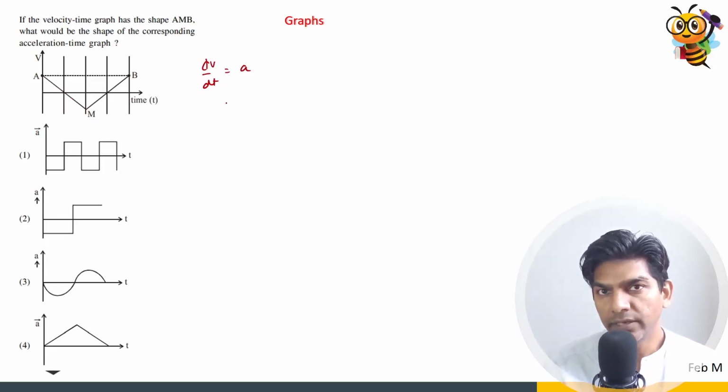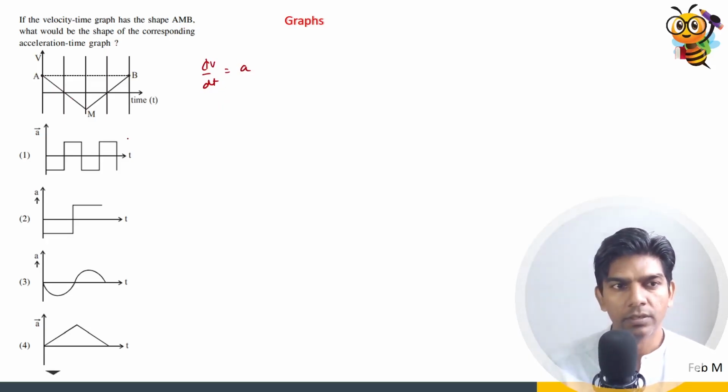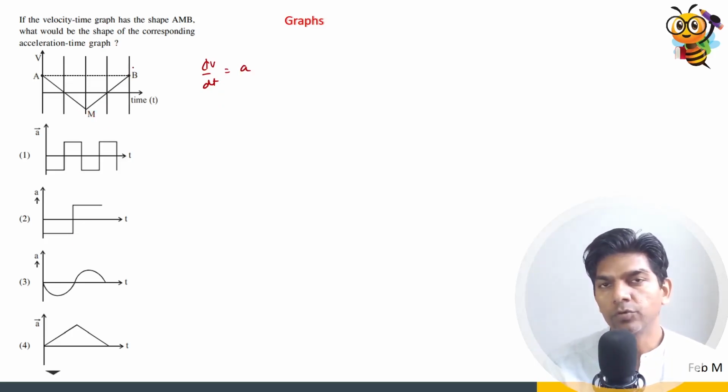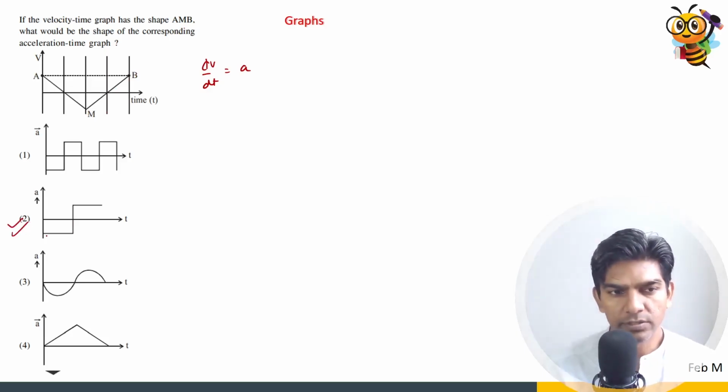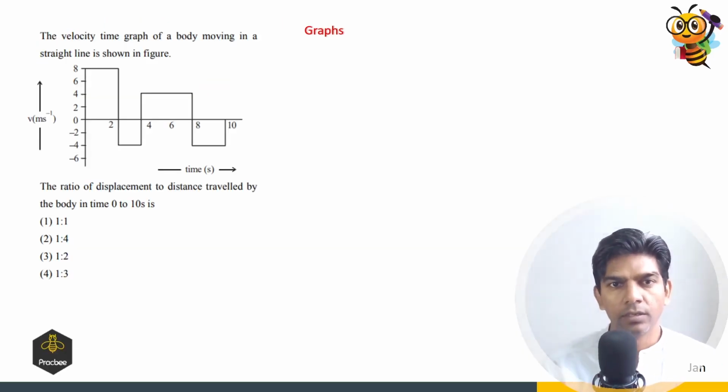So if dv by dt is negative, it will be negative acceleration from A to M. After that from M to B velocity is increasing linearly, so it will be a positive acceleration. So option 2 is the right answer. First it is negative and then it becomes positive, and in both the cases it is constant, because the velocity time graph is linear.